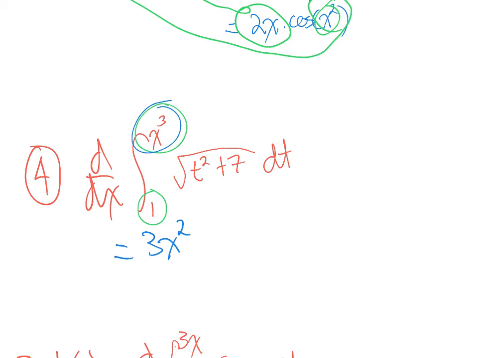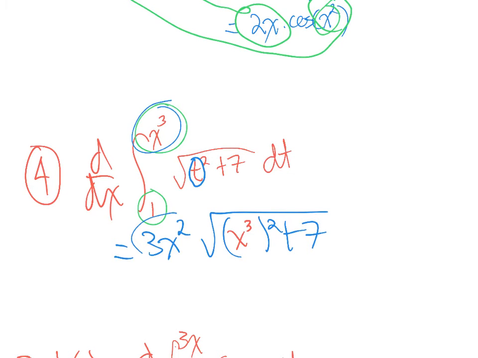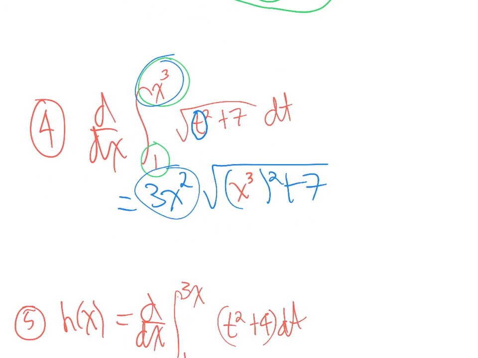And then square root of, instead of t, it's going to be x cubed squared plus 7, right? So I'm replacing t with x cubed. This part's the chain rule, and then I replace t with x cubed, so that my final answer is going to be 3x squared times the square root of x to the 6 plus 7.